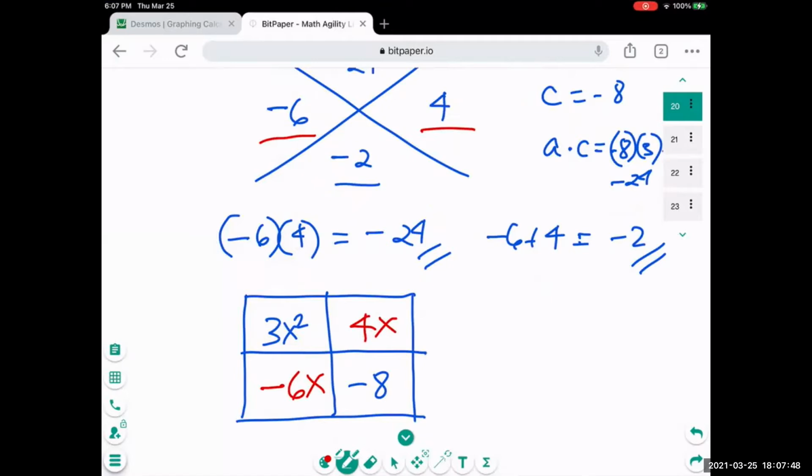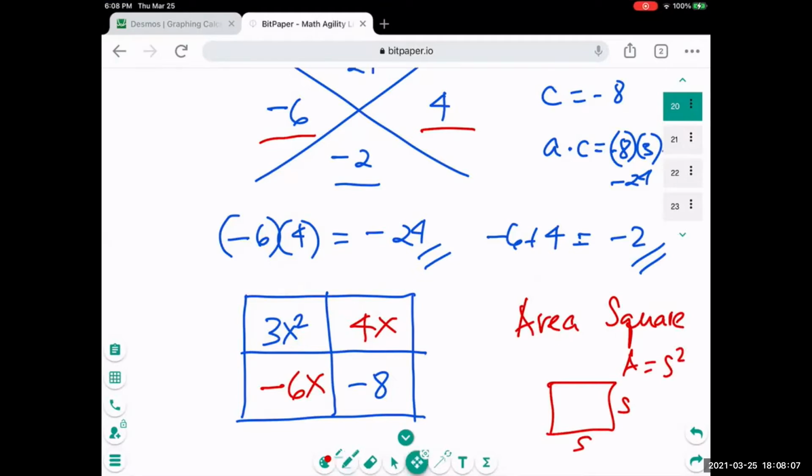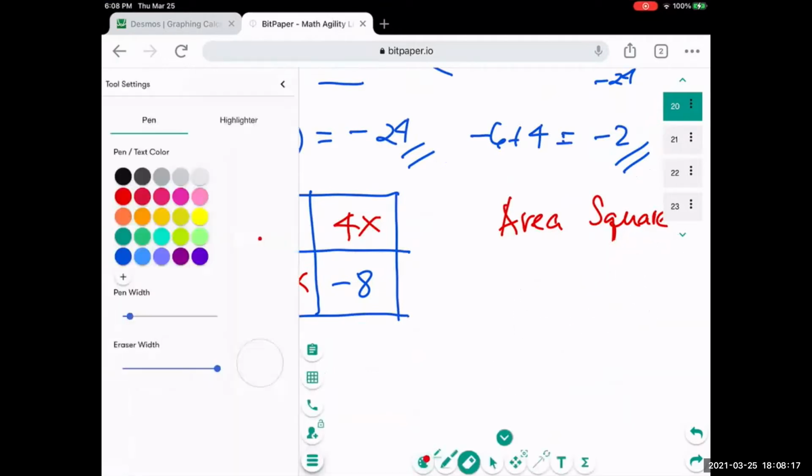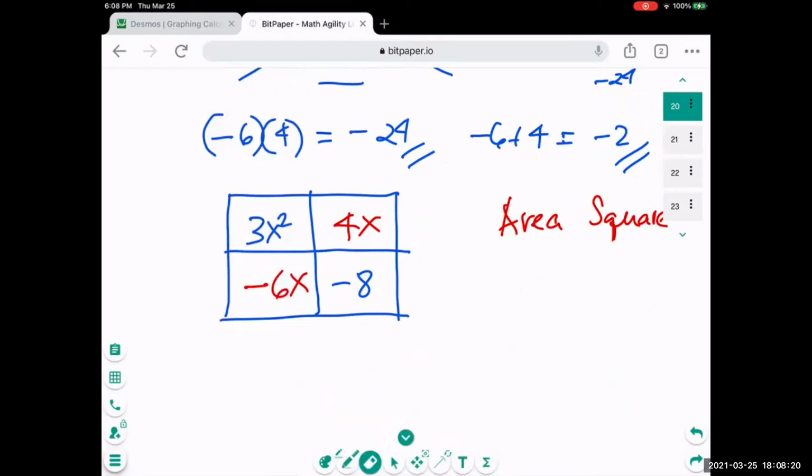Okay? So, now, the area, right, when we get the area of a square, we multiply the sides. So, for example, if the side is s, then definitely s times s, so its area is s squared. Now, if our area is 3x squared, so let's erase this. If our area is 3x squared, so what would its sides be? So in this case, it's not a square, right? So this would be a rectangle in this case.